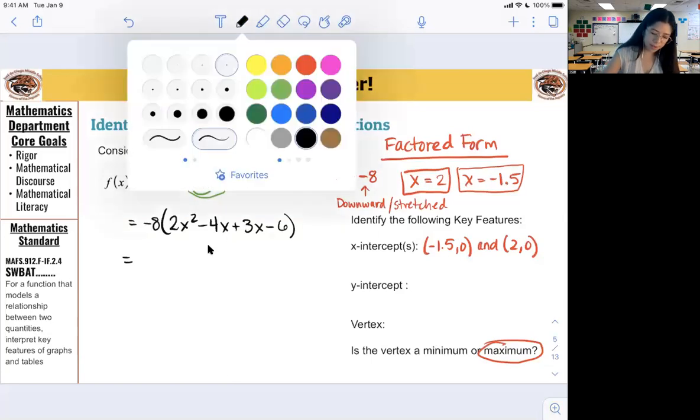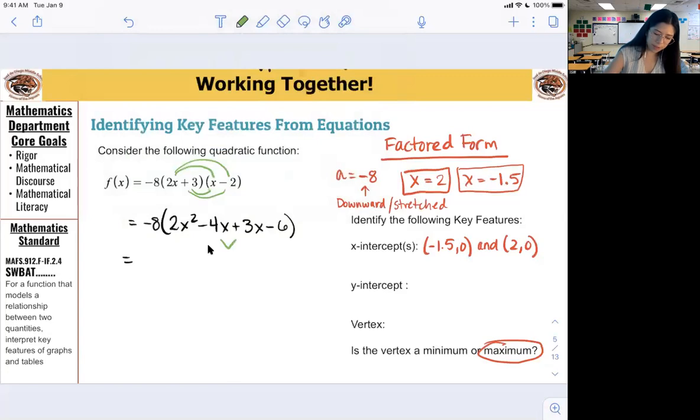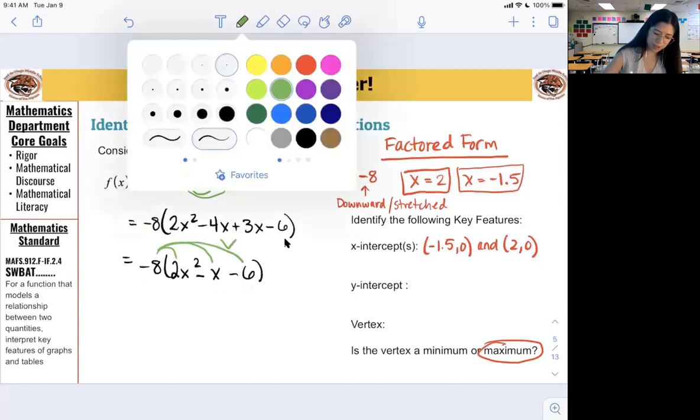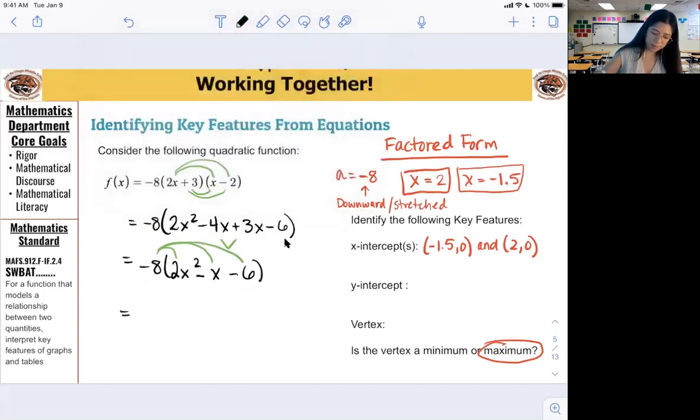What's negative 4 plus 3? Negative 1. Careful. So I have 2x squared minus x minus 6, and then finally I can simplify. Distribute.